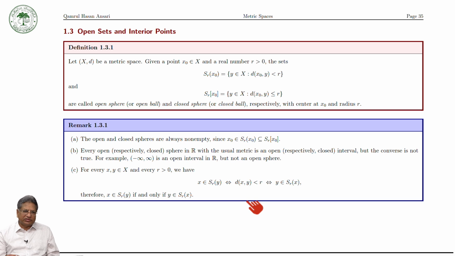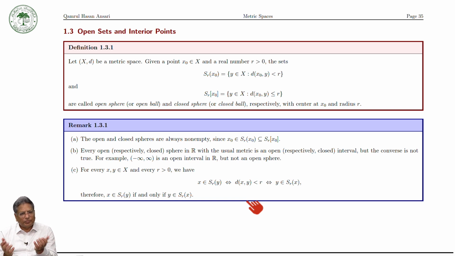Say, if we are considering the plane R2 with the usual metric, then the open ball is the circle, and the open sphere is the circle in R2. If you consider R3 with respect to the usual metric, then it is a ball, and that's why sometimes we call it a ball or a sphere.